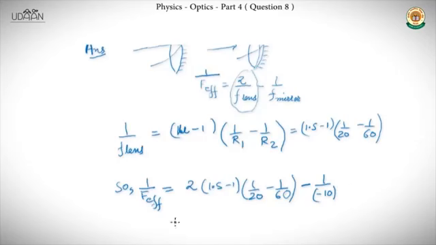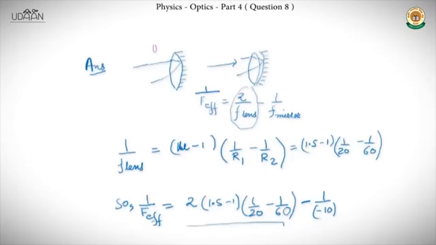In this case, we will get f effective as minus 7.5 centimeters. So the A part is done.